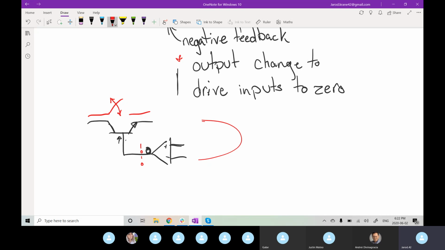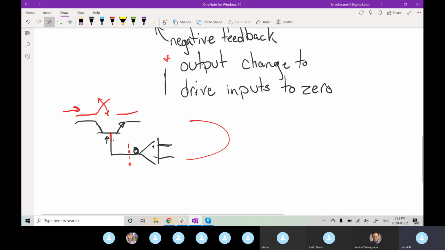But we can basically start modulating the base of our transistor to allow and block that power flow.